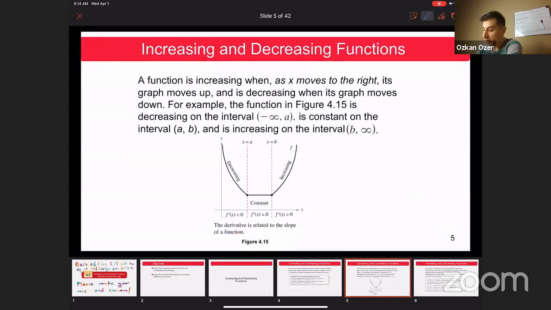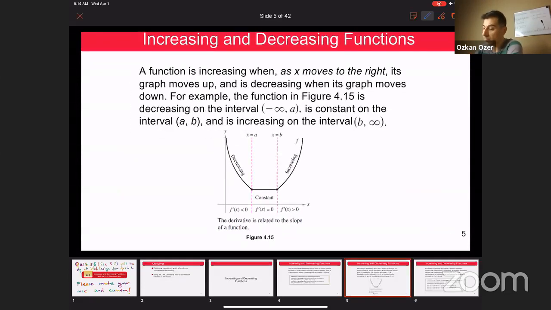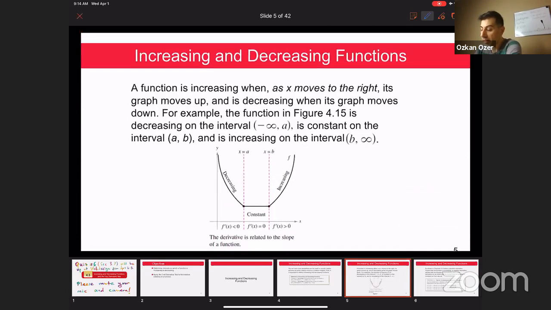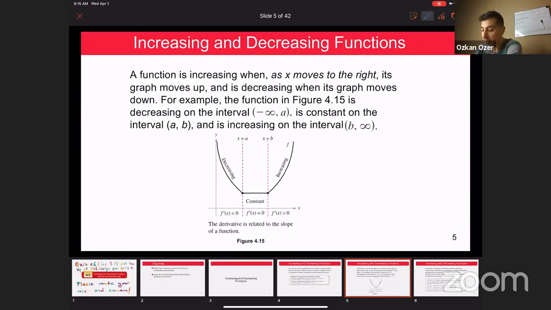And here is a nice example. As you see in the graph, you have all the increasing and decreasing behaviors, but let's just read what the slide says. A function is increasing when, as x moves to the right, its graph moves up. And it's decreasing, obviously, when its graph moves down. So as you see here, when you go in this direction, in this interval, this function is decreasing.